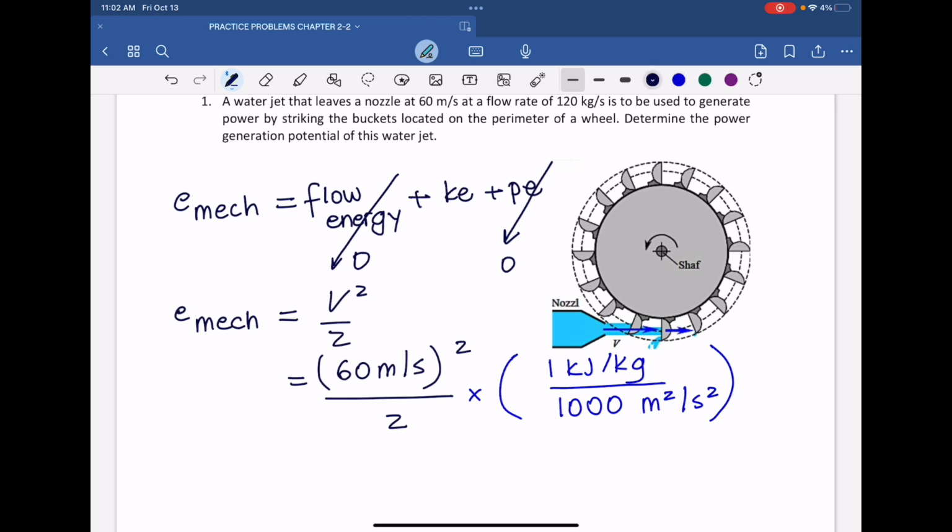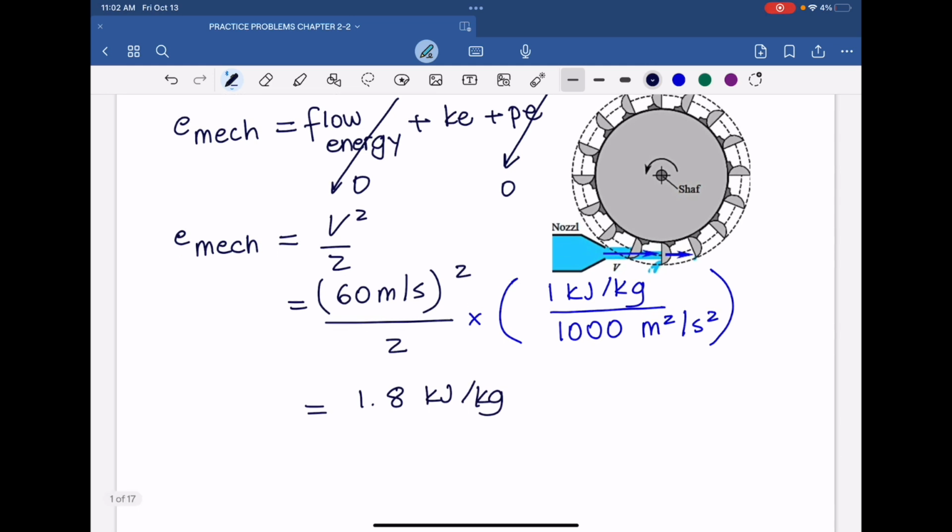And with this unity conversion ratio, our final answer is 1.8 kilojoules per kilogram. So that is the energy of that water jet. It is, per kilogram, 1.8 kilojoules for that water jet, and that is capable of doing work. That can be completely converted to work, rotating the shaft.